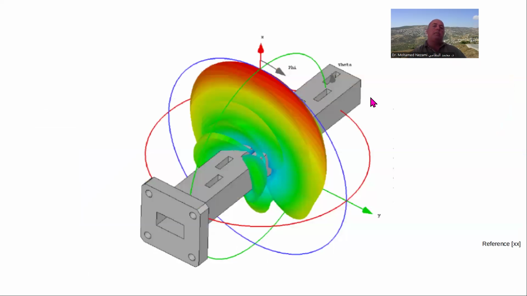Okay, so like I said, for a rectangular waveguide with TE10 mode, the radiation pattern is always going to be broadside to the broad wall, or orthogonal, okay? And this makes it pretty neat because you can view it easily.